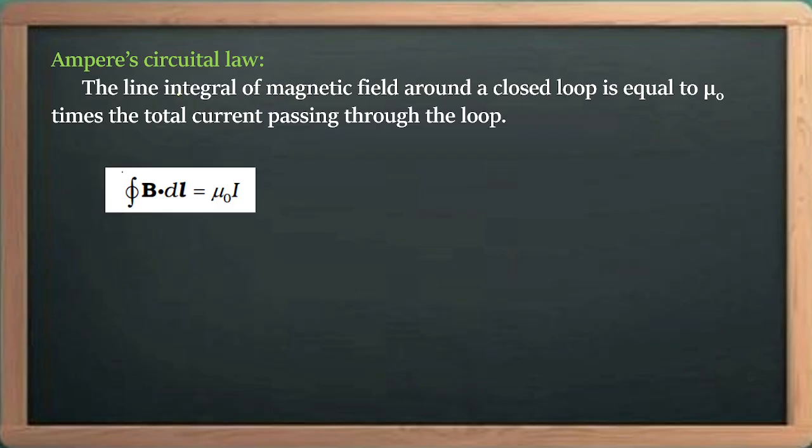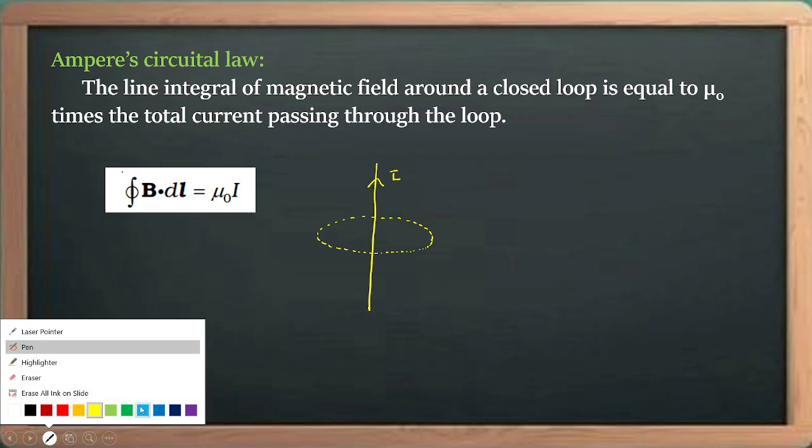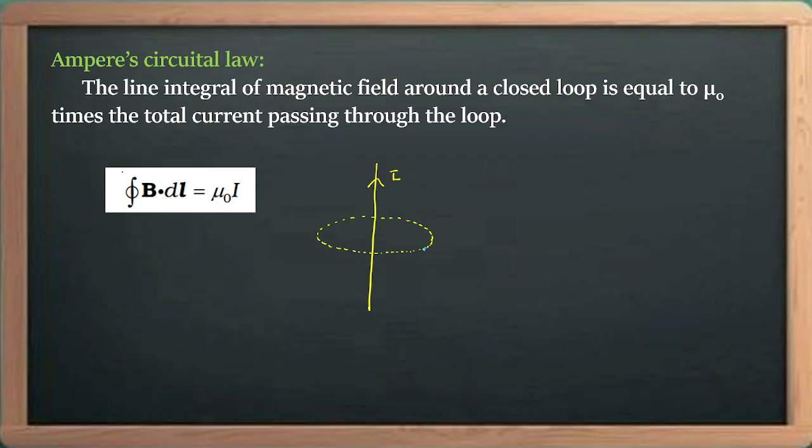The Ampere circuital law states that the line integral of magnetic field around a closed loop is equal to mu naught times current enclosed by the path. For example, if I consider there is a wire here through which the current I is flowing, there will be magnetic field around it like this. At any particular point, the magnetic field will be in this direction.